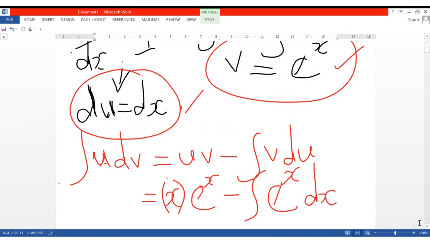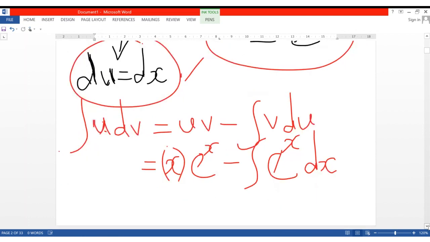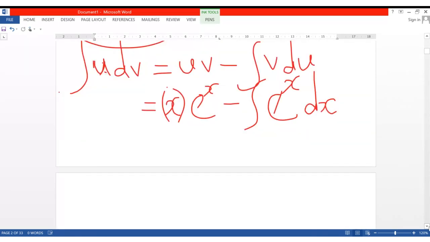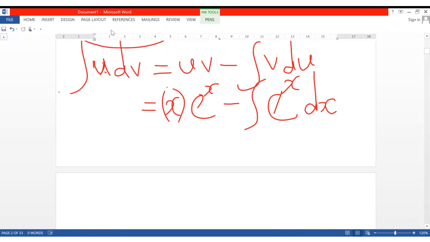So I've replaced everything that is there. Now, this first part has already been integrated, so there's no need to integrate it. The first part always has been integrated, so you don't need to do anything to it.